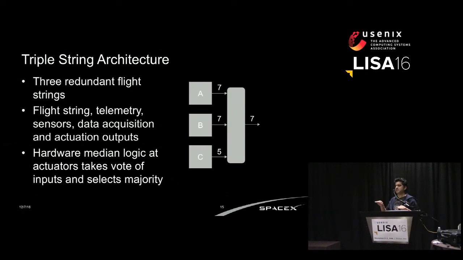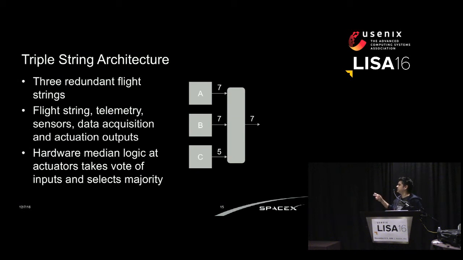It will be looking at the same inputs, time offset, and may arrive at a different output because of that. So if C string were to desync and send 5 down, we're one fault down, but we still get 7 through. 7 is still the majority on the hardware median, and we pass 7 on to the actuator. This gets more complicated when you need to build systems that are two fault tolerant.